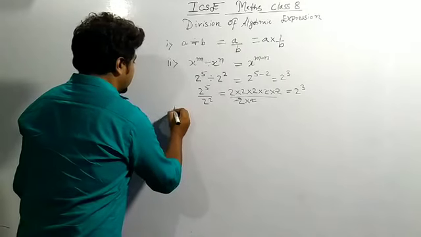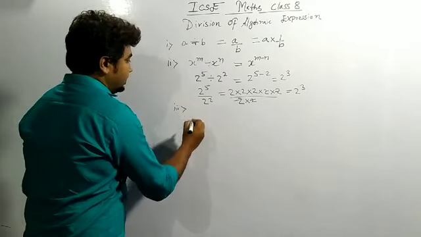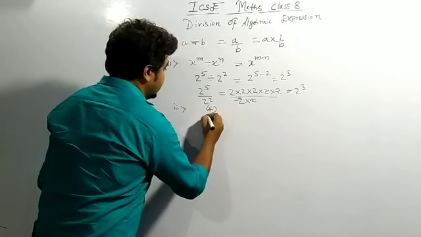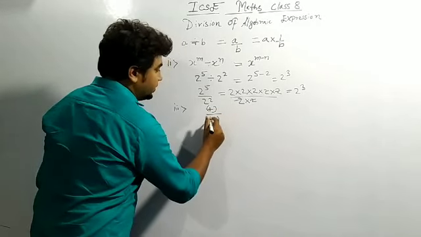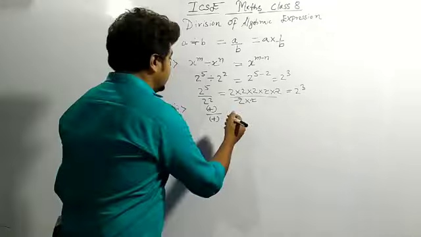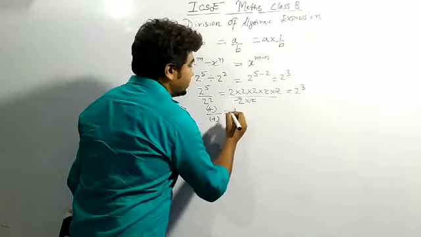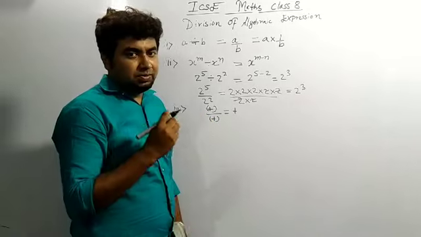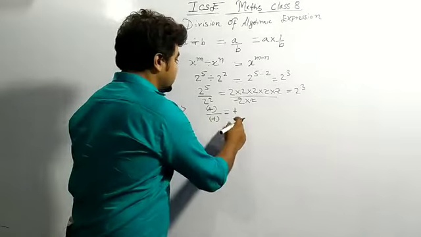Now the third rule is, when a positive number is divided by a positive number, the sign will remain positive only. This is the first case: positive divided by positive remains positive.